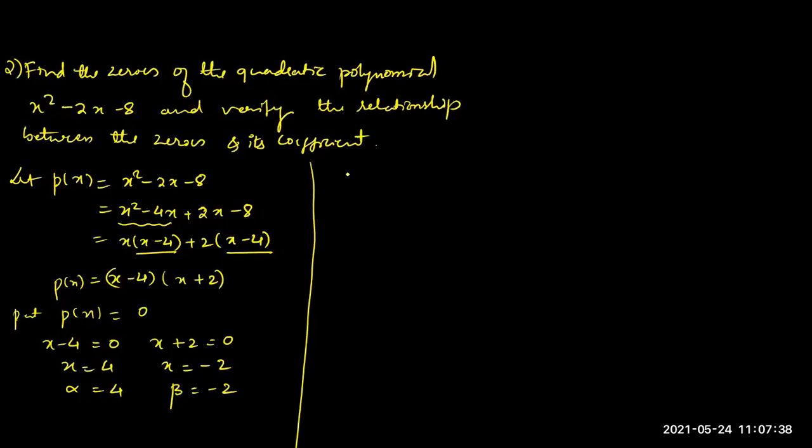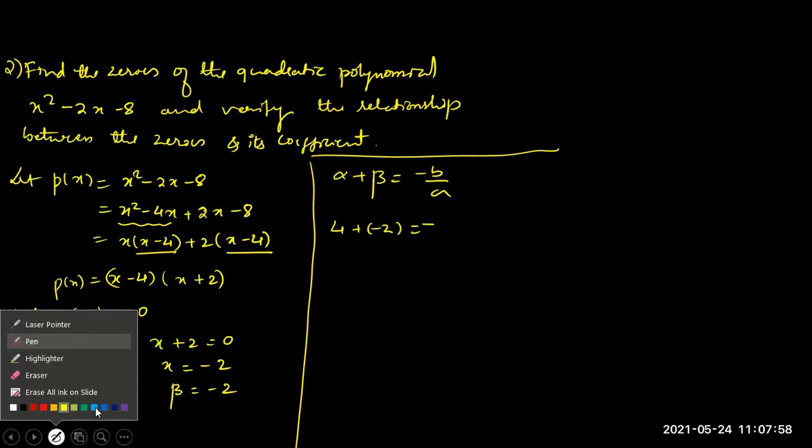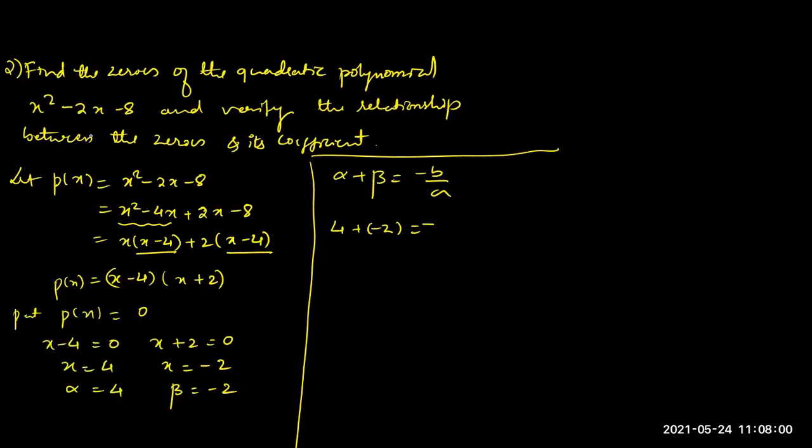So verification. We have the relation alpha plus beta equal to minus b by a. So alpha is 4 plus minus 2. Minus b: in the given example b is minus 2, so minus of minus 2, divided by a, which is 1.